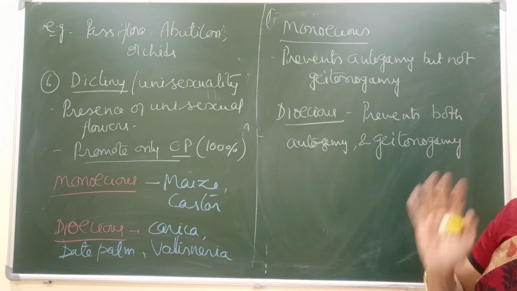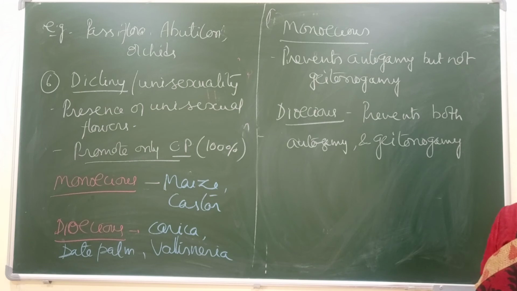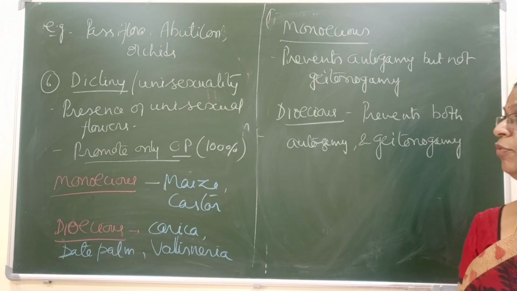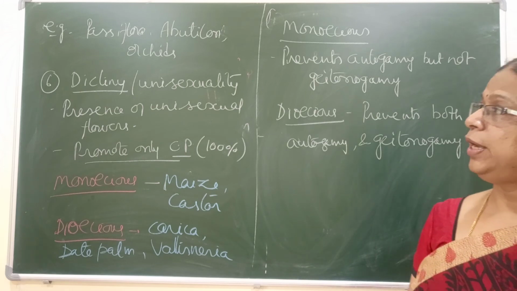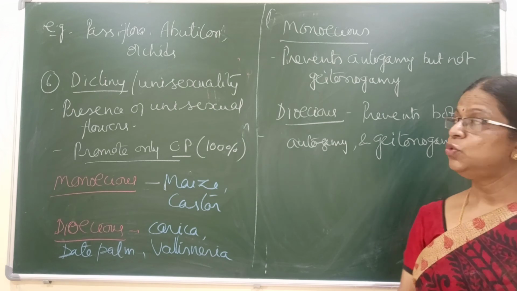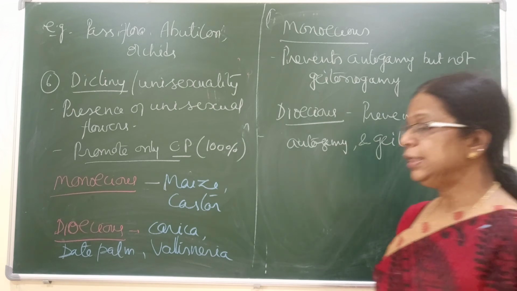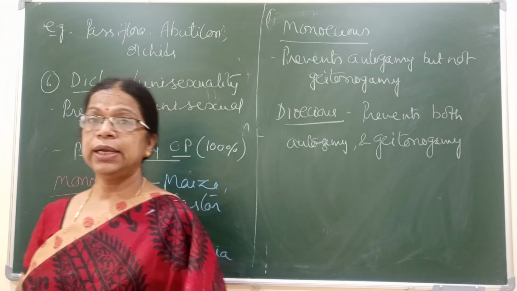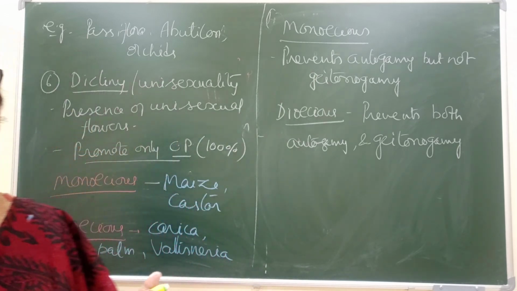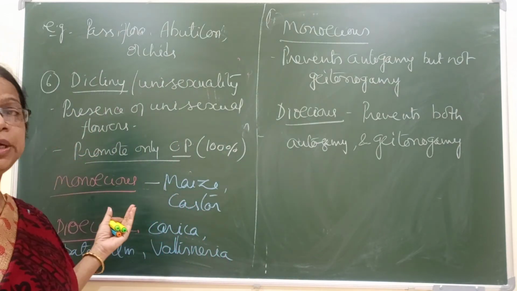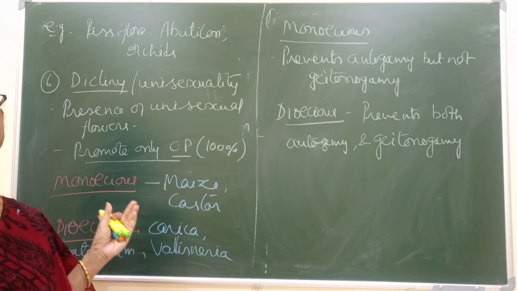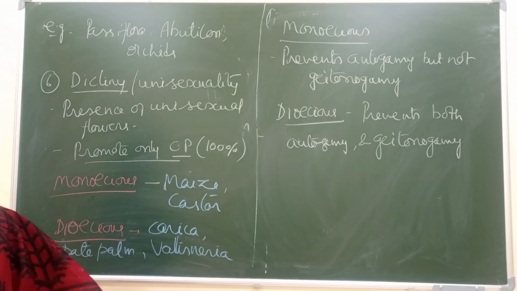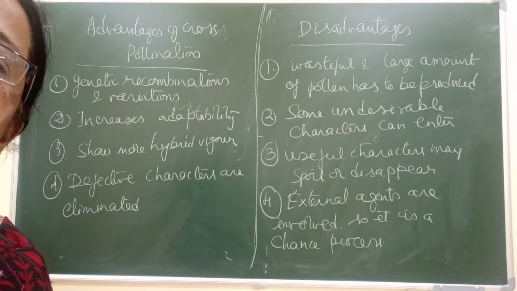So that's how we can understand dicliny and how we can apply it to monoecious as well as dioecious conditions. These are the different adaptations for cross pollination. Now I am going to discuss some advantages of cross pollination.